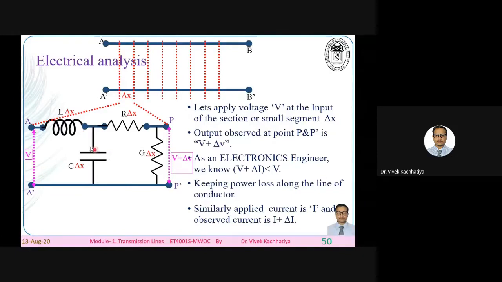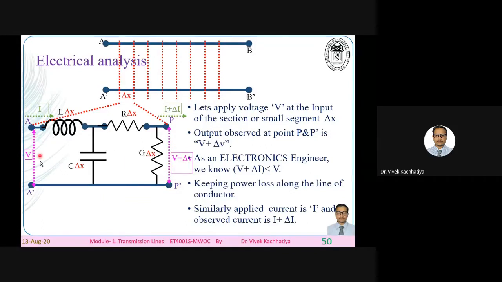Similarly, at input A and A dash, if I have transmitted current I, at the output I am assuming whatever current I receive is I plus delta I. So these are the assumptions we have made. Some input we have applied, some output we will receive, and we have named them here.